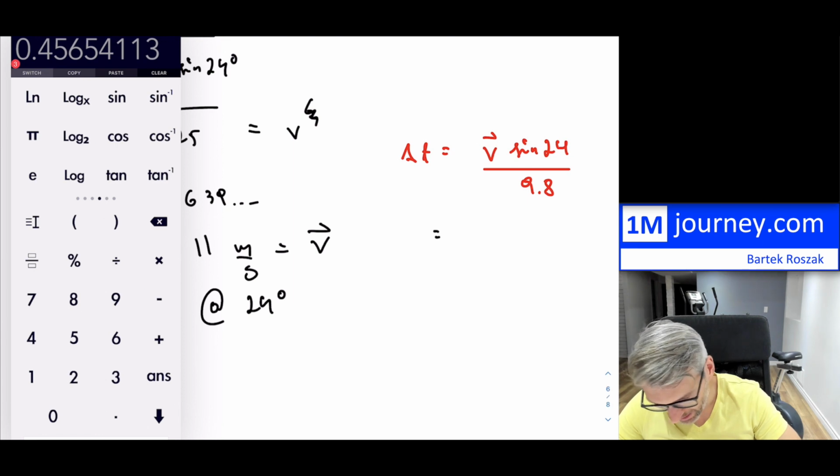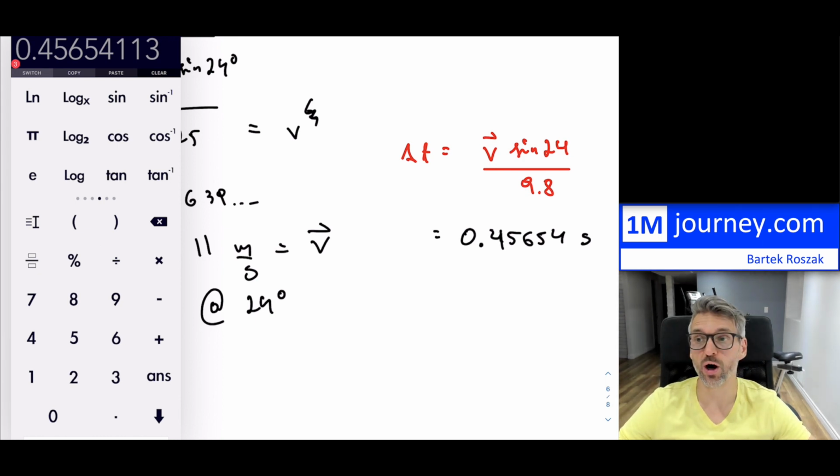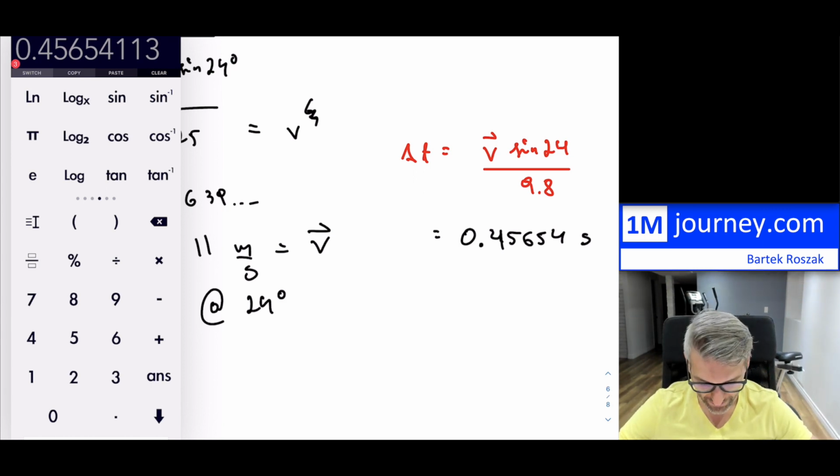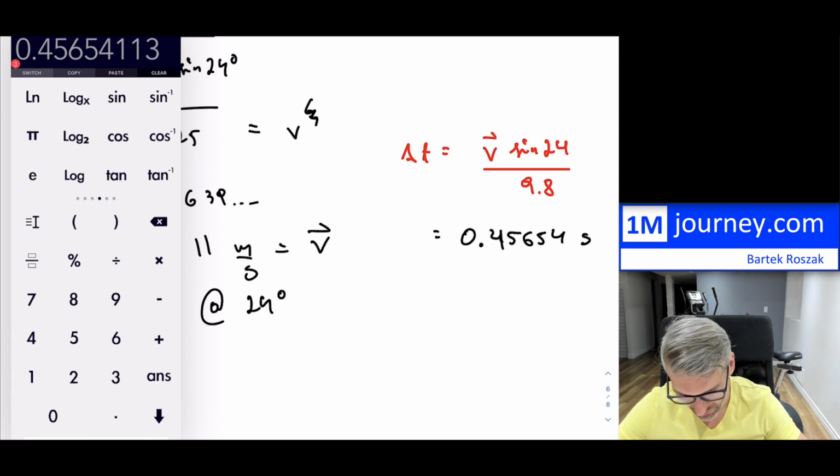So what does that mean? This means 0.45654 seconds. So it's not too long that Mike Powell has been in the air. Approximately that much. And now, the maximum height, how would you find that?